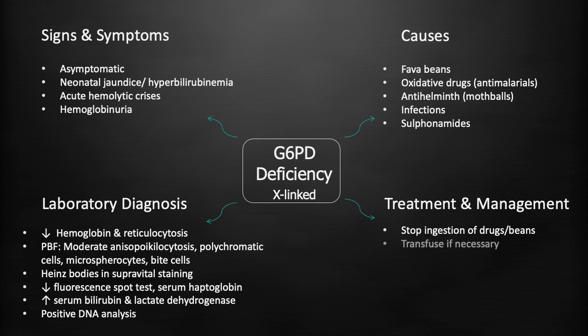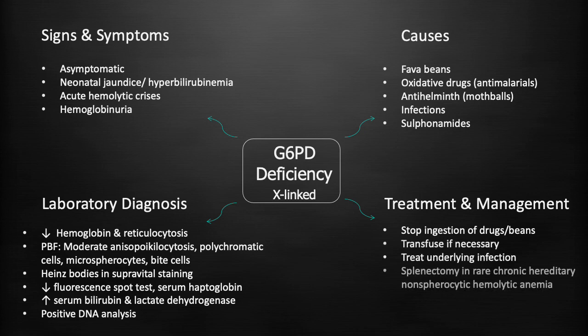Treatment and management of G6PD deficiency includes stopping the ingestion of particular drugs or beans, transfusion if necessary, treating the underlying infection, and splenectomy in rare chronic hereditary non-spherocytic hemolytic anemia.